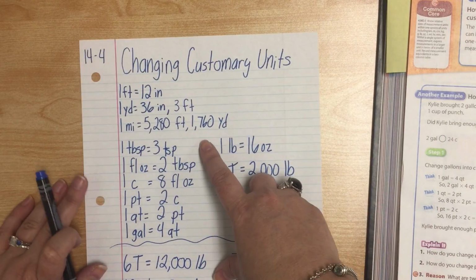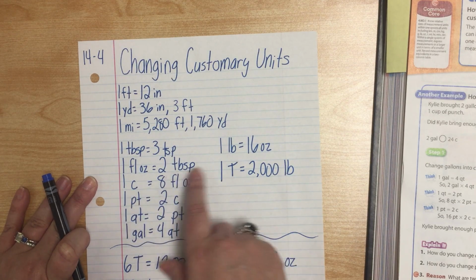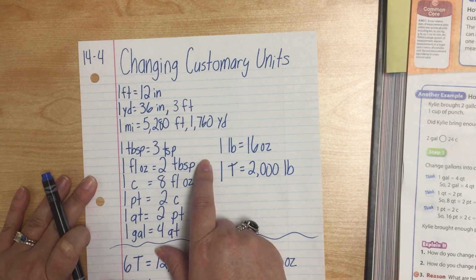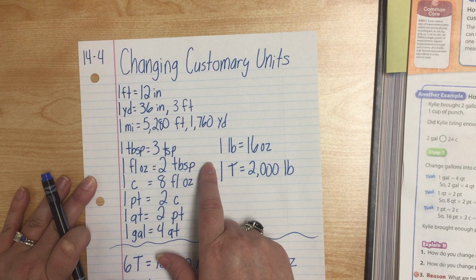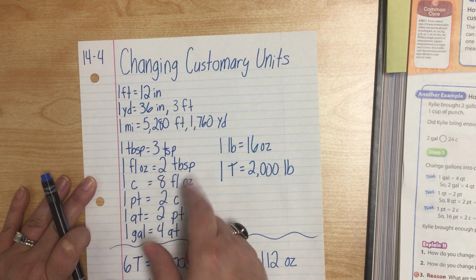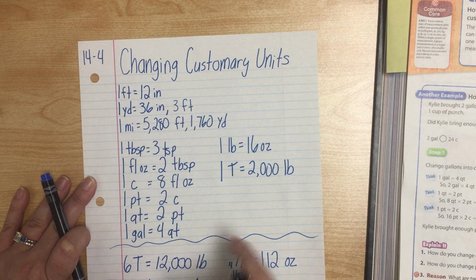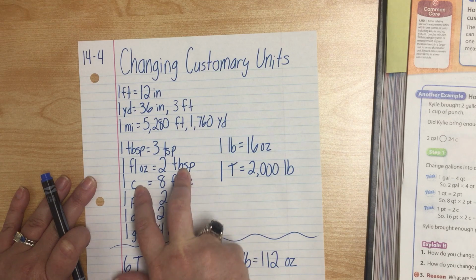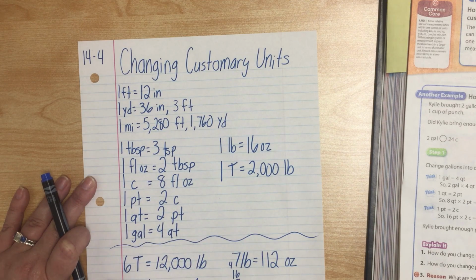If I look on my chart here, tablespoons do not go into cups. I'm going to have to figure out something. I don't have anything on here that tells me what I can do, but do tablespoons and cups have something in common that I can work with? I can make them both into fluid ounces.